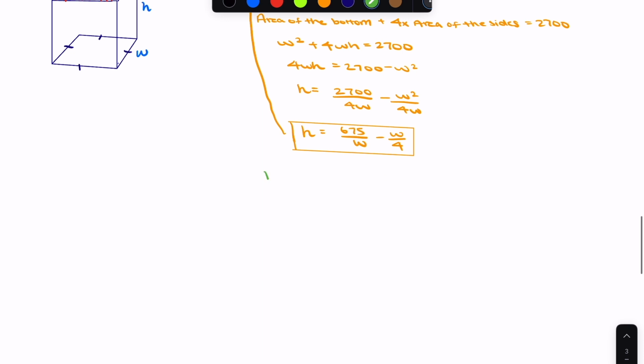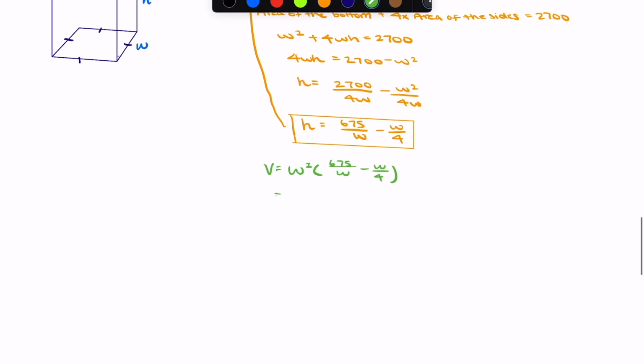So therefore, now our volume is equal to W squared times the height, which now we can rewrite as 675 over W minus W over 4.